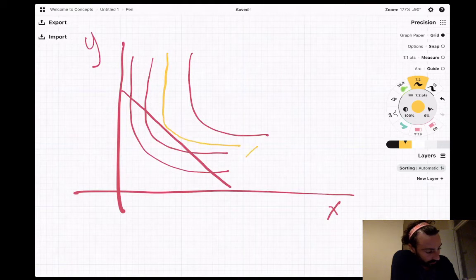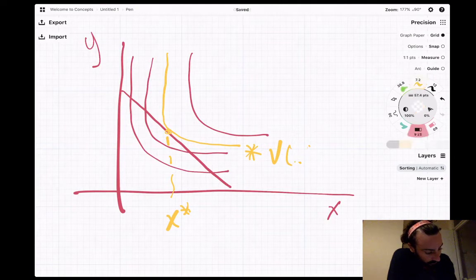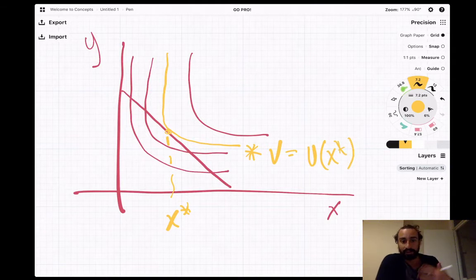And this was V of X. So this would be X star, and this is V, which is equal to U of X star, right? The utility line represented the indifference curve that was tangent to our budget line, the maximum utility you could receive under that budget set, right?